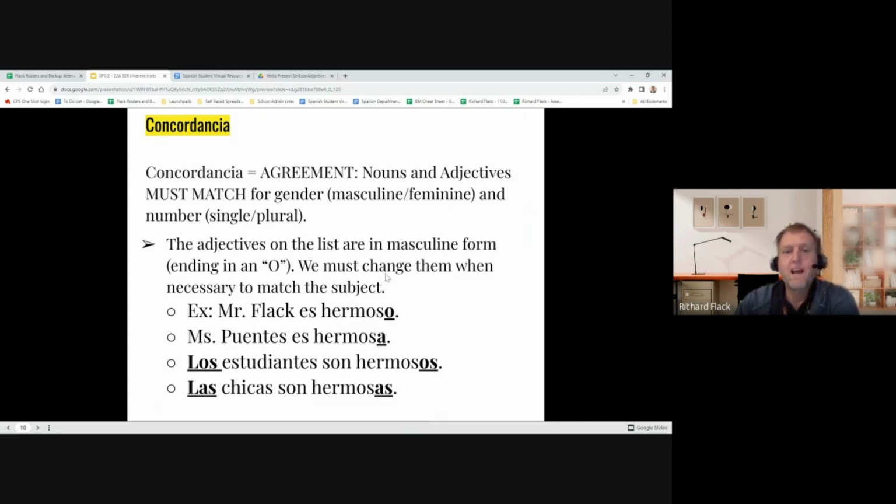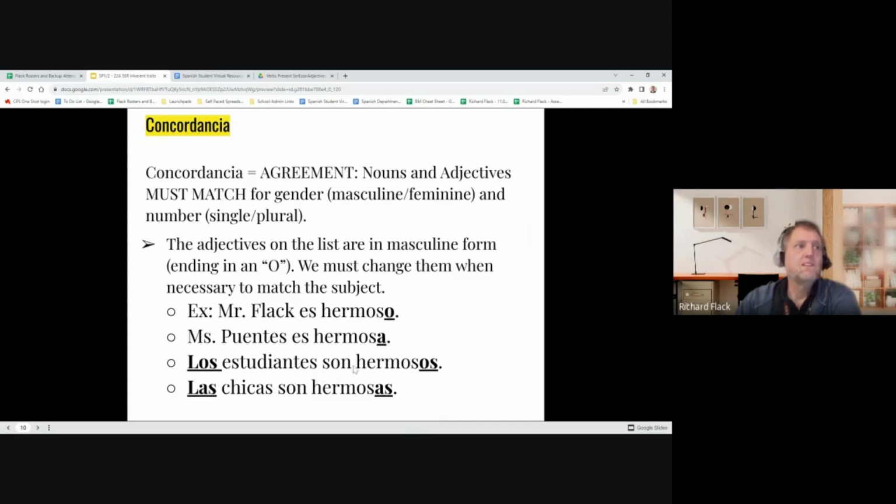And then we need to add S if it is plural. So for example, Mr. Flack es hermoso. Mr. Flack is handsome. Miss Puentes es hermosa. So she identifies as female. We needed to change hermoso to hermosa.